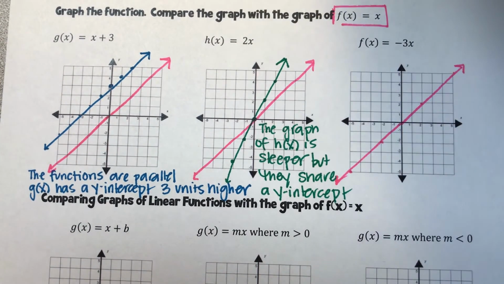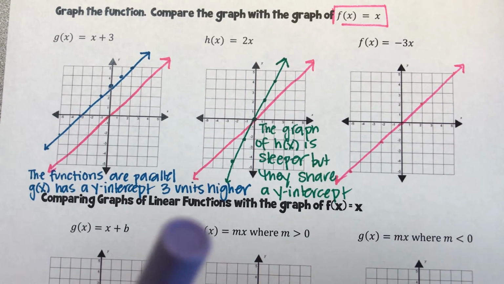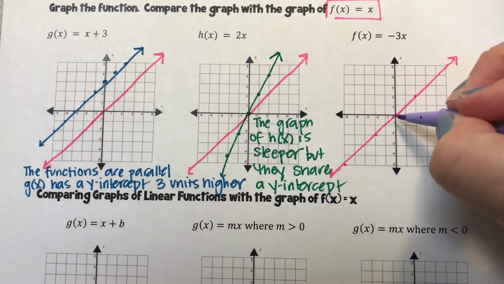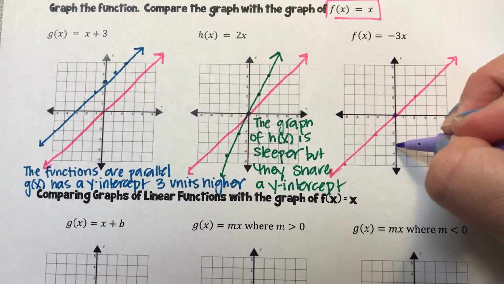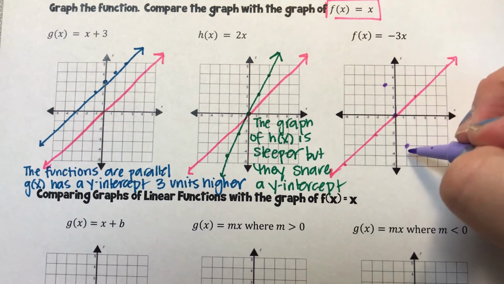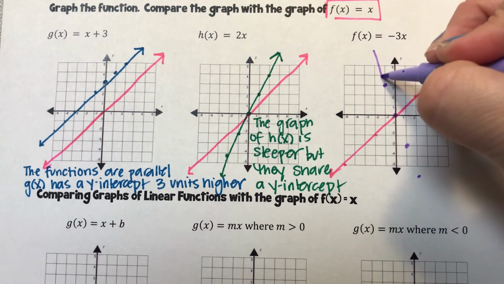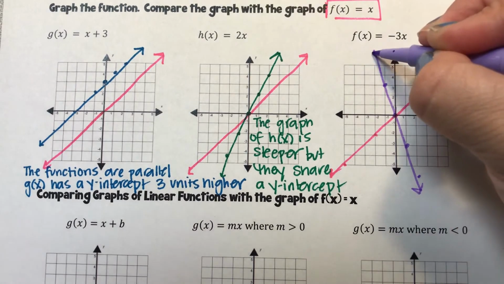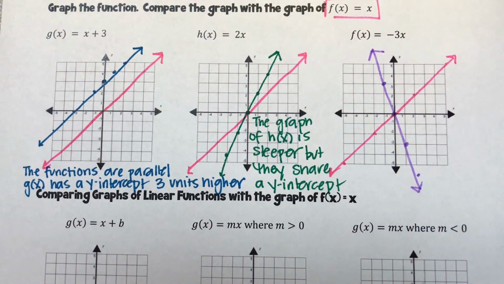Okay, and then let's talk about this one over here at the end. F of x equals -3x. So what we can do, it has a y-intercept of 0, and the slope is down 3 over 1. Up 3 over -1, right? Or we could even go like this. So there is our f of x line.